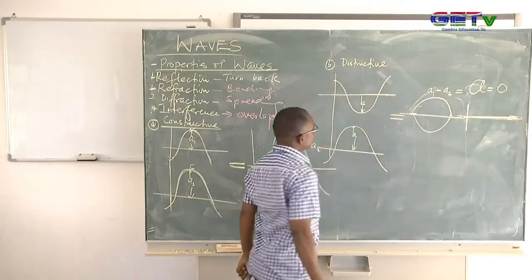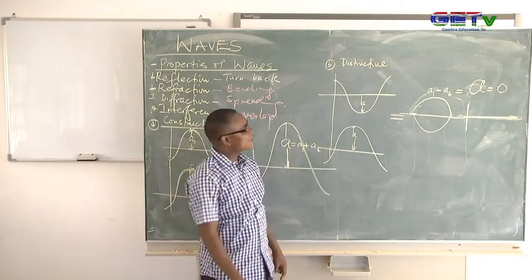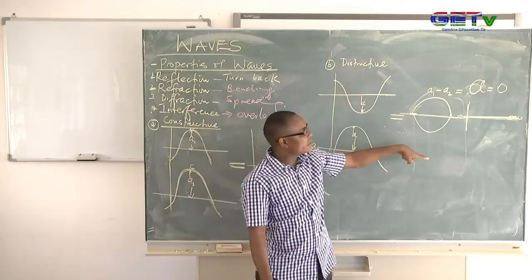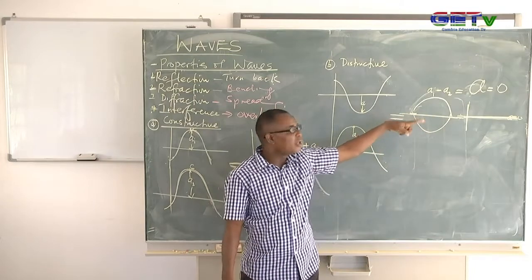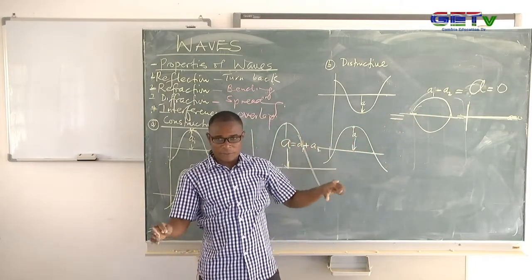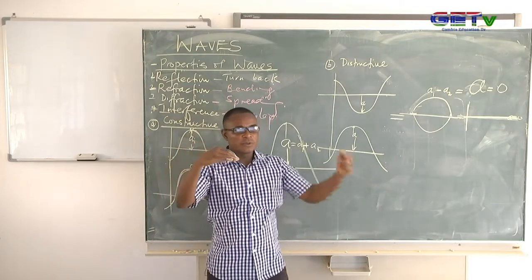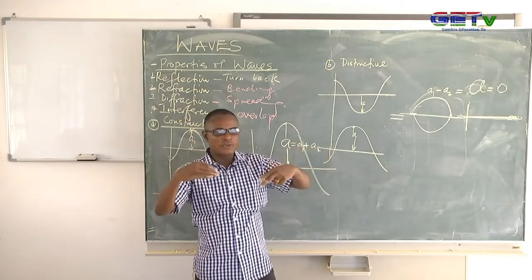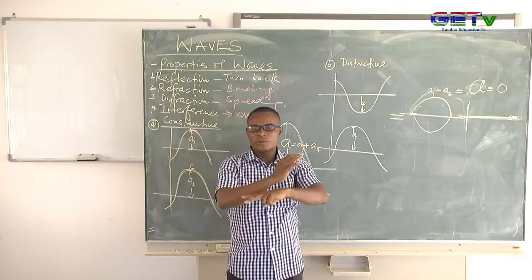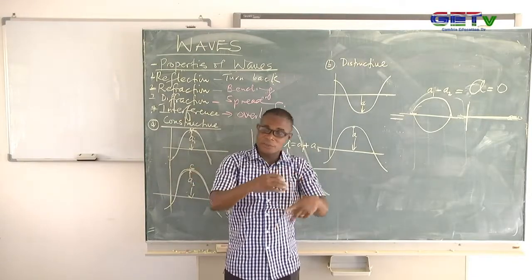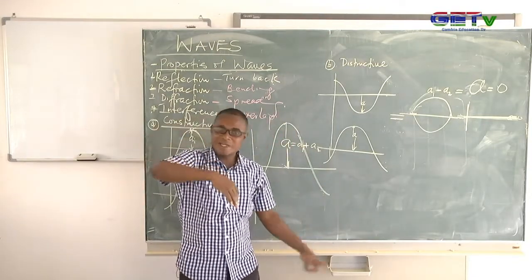So this is what we see. When the two waves superpose, they cancel each other's effect, and what results is a plane wave. That's what happens in the pond. If you see one wave moving this way and another wave moving the other way, and they have the same amplitude, they will superpose, and when they superpose, they interfere destructively. The effect of one cancels the effect of the other.